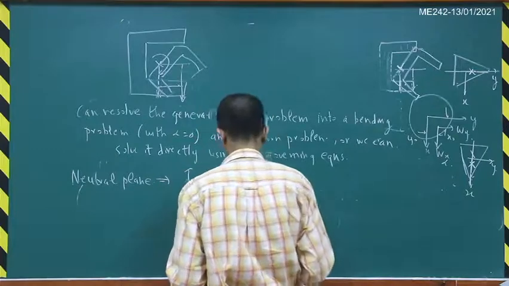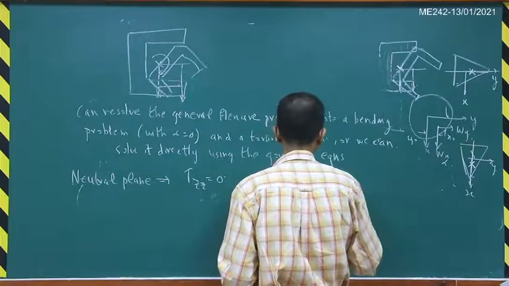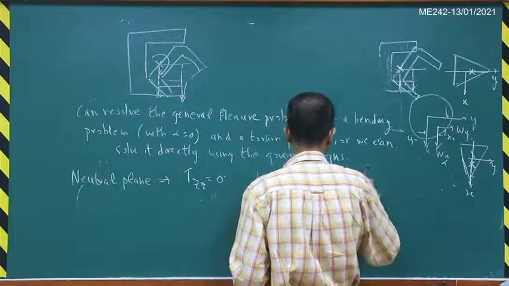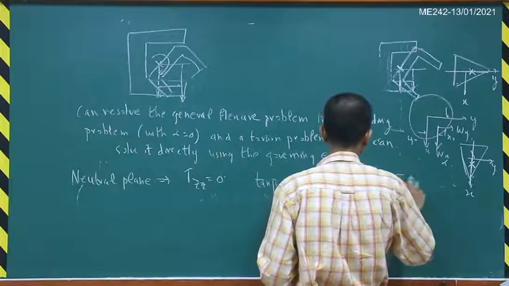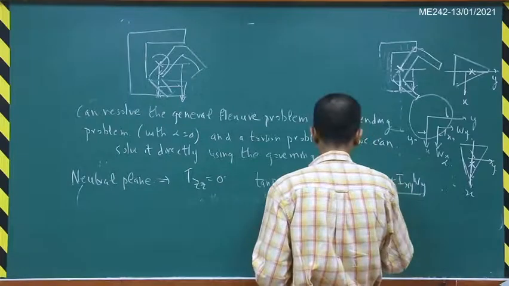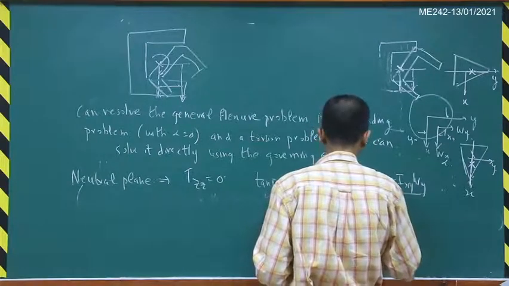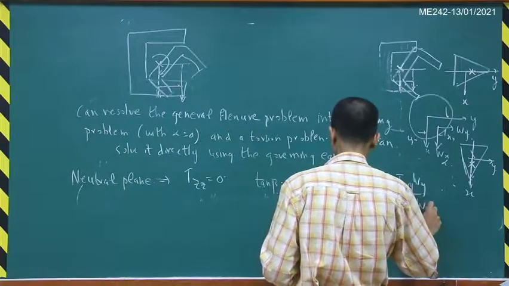So that is equal to minus kappa x by kappa y, that is equal to minus Ixx Wx plus Ixy Wy divided by Ixy Wx plus Iyy times Wy.